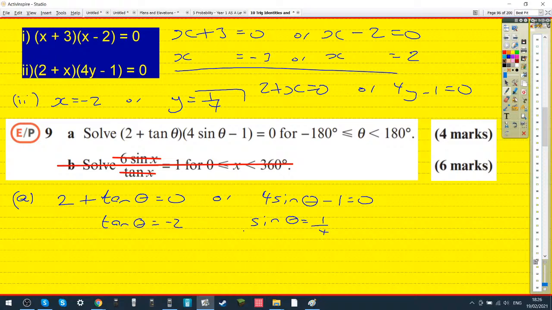You would then just have to solve the two separately. The second answer would be 180 minus for sine. It's literally solving them separately. With the plus or minus answers, you'll get double the number of answers. And that's what you get.